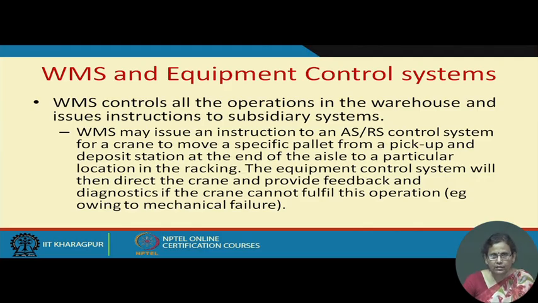This is just one example. The point that we are going to make is this is a whole set of complex information flow, which is not only the traditional information system, but the flow is from the information system and back to the information system from the control system of the equipment.